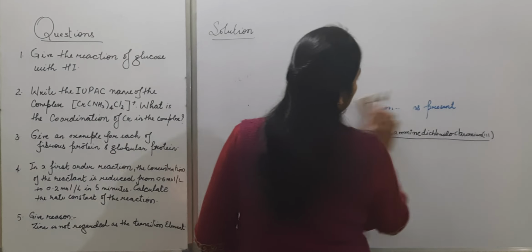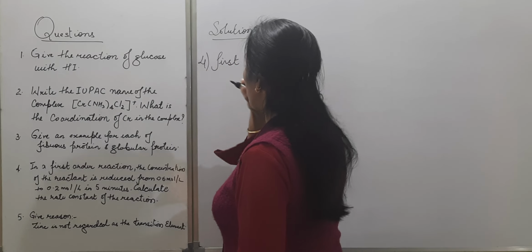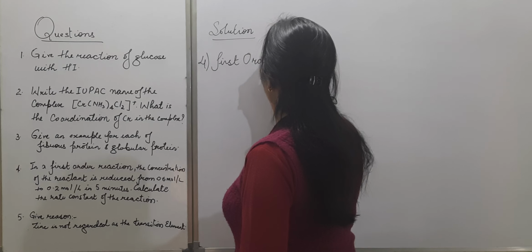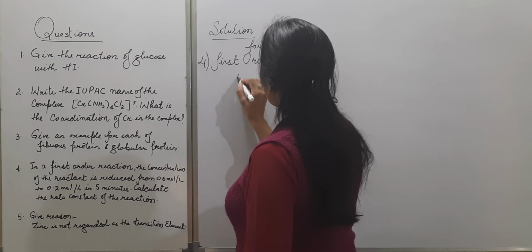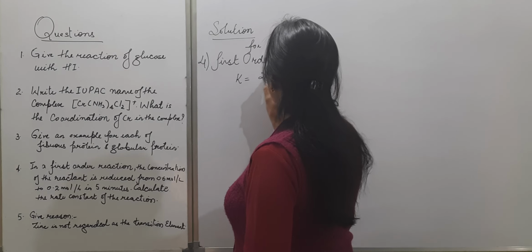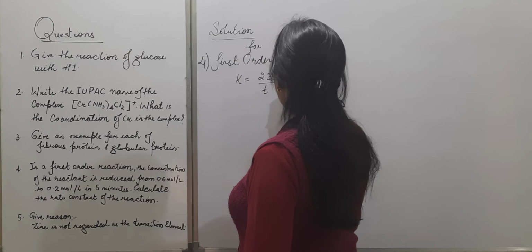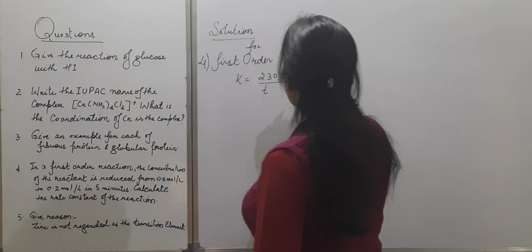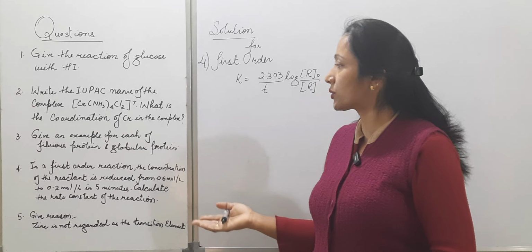So for a first order reaction, the rate constant is equal to 2.303 by time times log of the initial concentration of the reactant over the final concentration of the reactant.